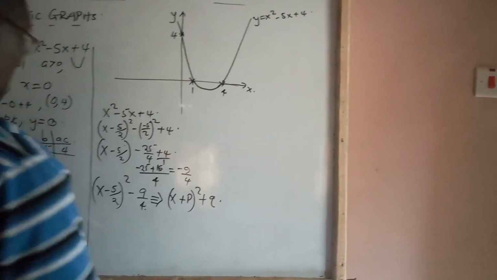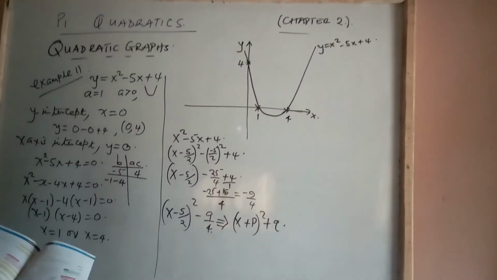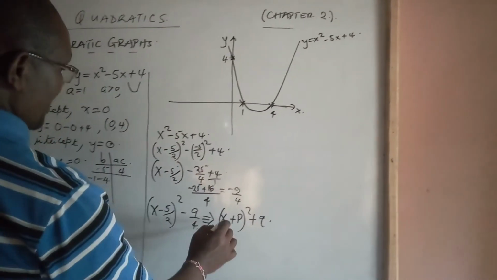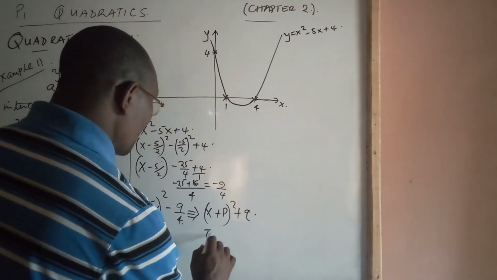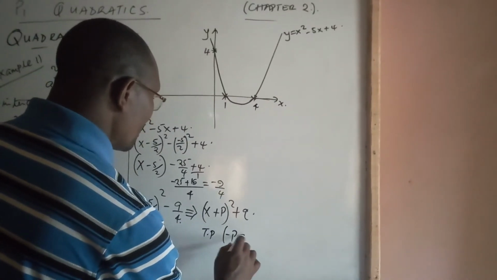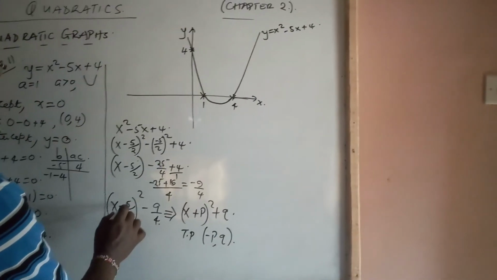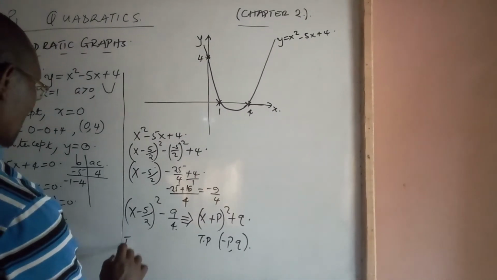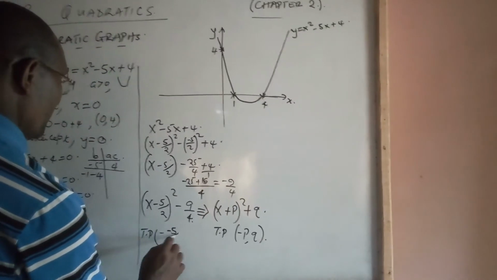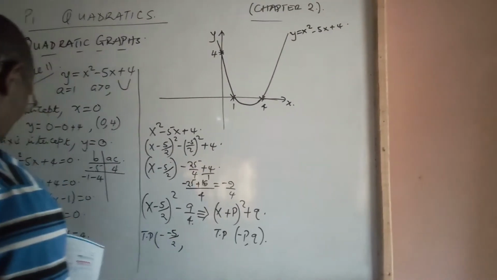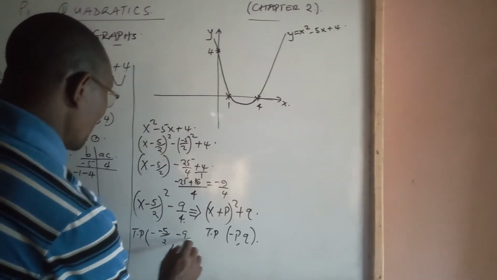We were told in the previous example that the moment you expand it this way, or it could be having an a, then the coordinates of the turning point are minus p, q. So in this case, our p is minus 5 over 2. So the turning point coordinates is the negative of minus 5 over 2, and q is negative 9 over 4.